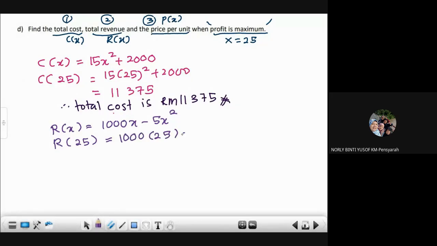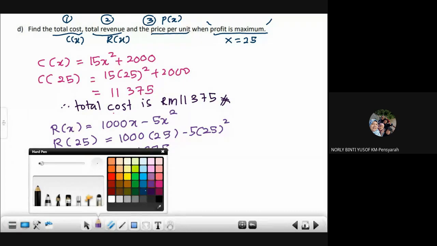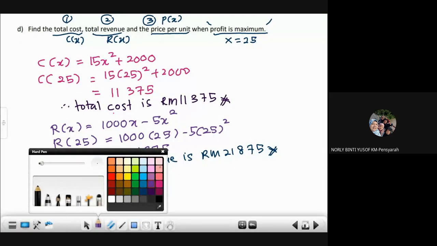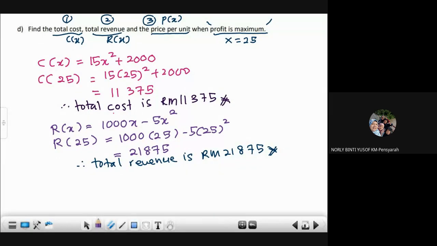You got 21875. So you pun bagi tahulah the total revenue is ringgit Malaysia 21,875.